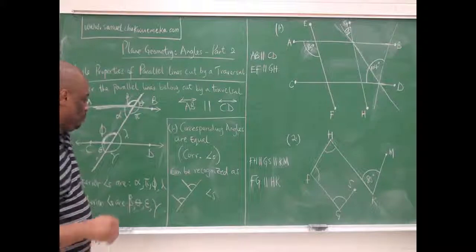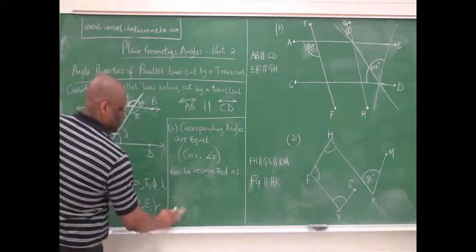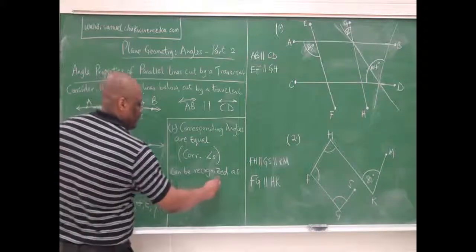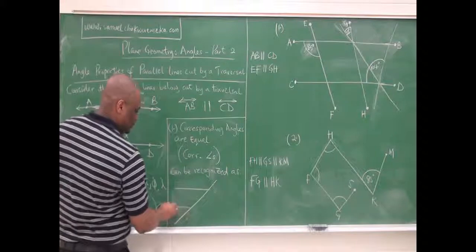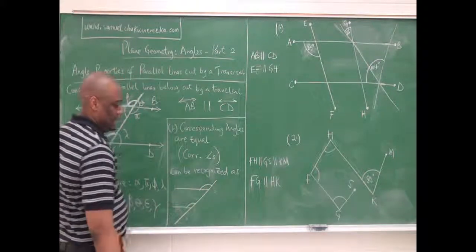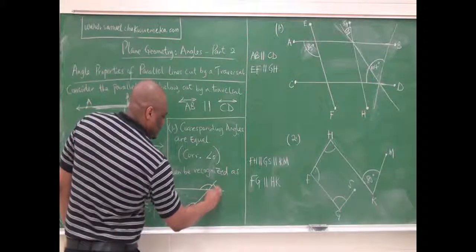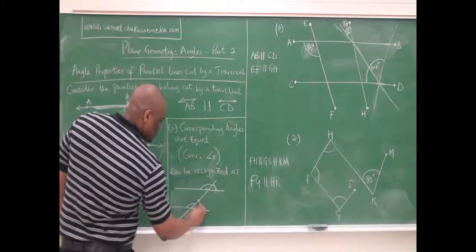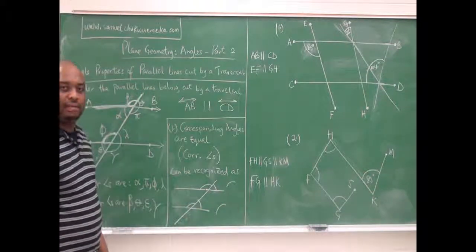What do I mean by face the same way? Look at what I mean here. It must face the same way. So if you have this traversal, you have this, you have this. So this is facing like this. You see that? That is facing that way. And then you have this to also face this. You see? It must face the same way.